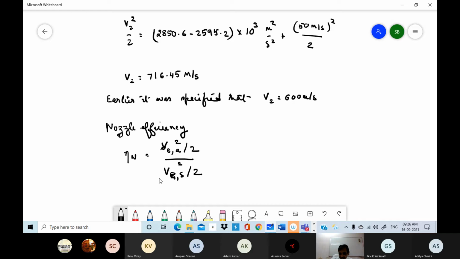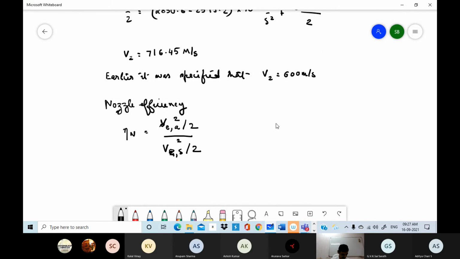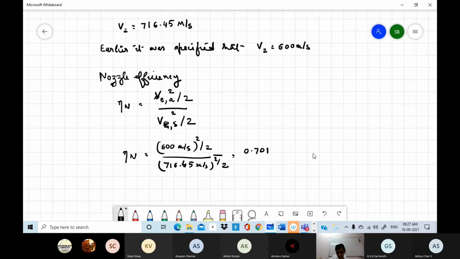So the actual kinetic energy divided by the ideal kinetic energy, that is the nozzle efficiency. So therefore, for eta n, this turns out to be around 70%.